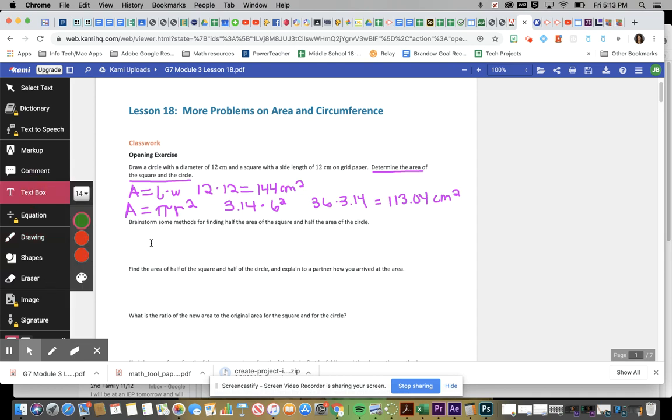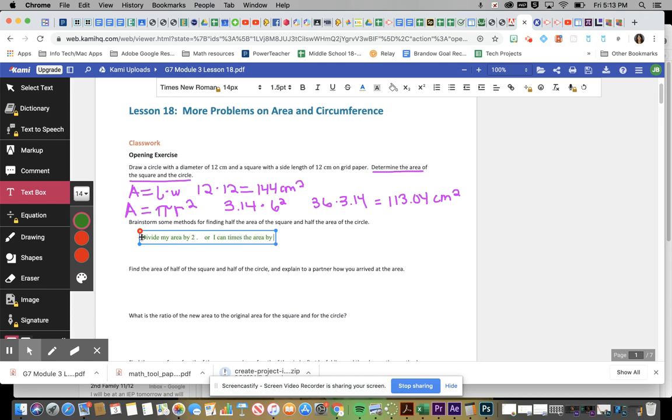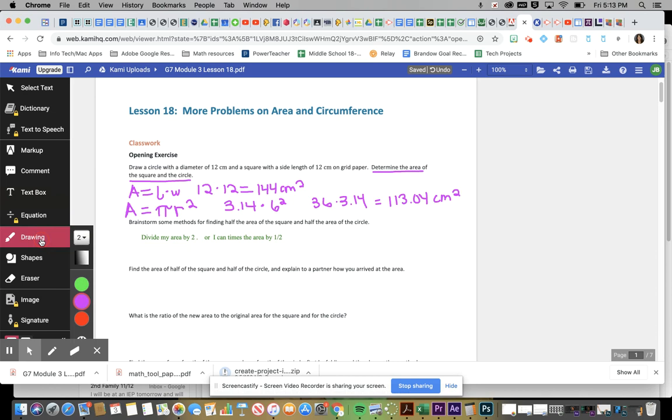So on this one, I would just say divide my area by 2. Or I can times the area by 1/2, which is the same thing as dividing by 2. So either one of those would really work.